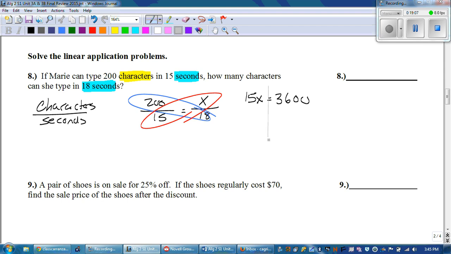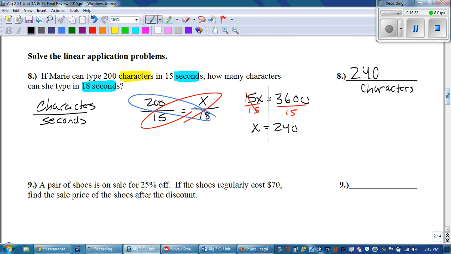Now, the last thing to do is to get the x by itself, I need to divide both sides by 15. And then we get that x equals 240. So 240 characters in the 18 seconds.